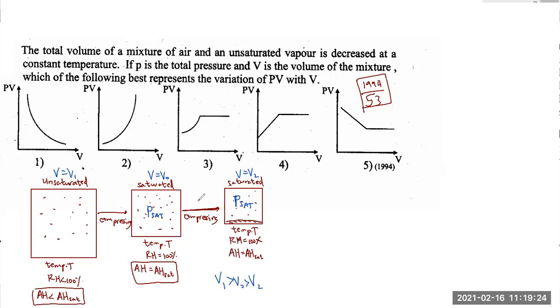Now, once the air becomes saturated with water vapor, people, its pressure is called saturated vapor pressure. And that saturated vapor pressure depends only on what? Temperature. P saturated depends only on temperature.